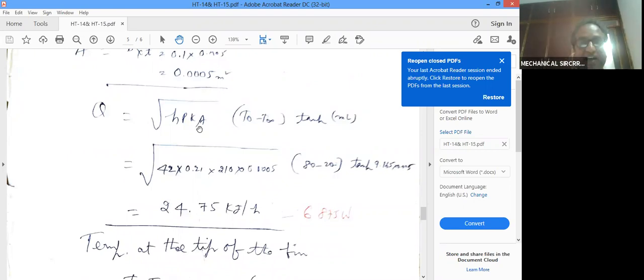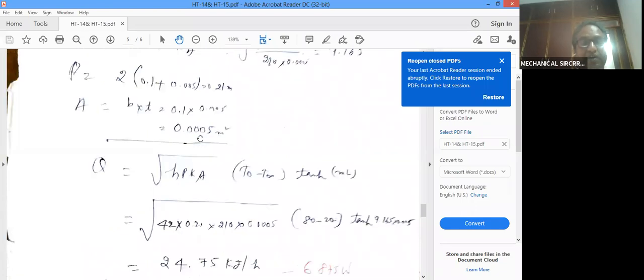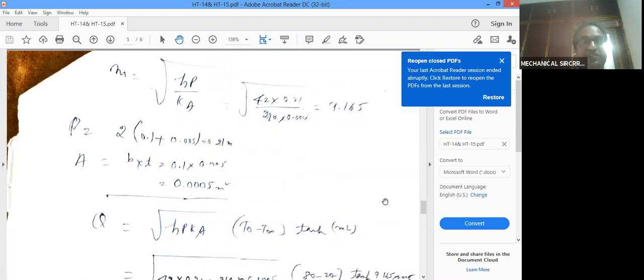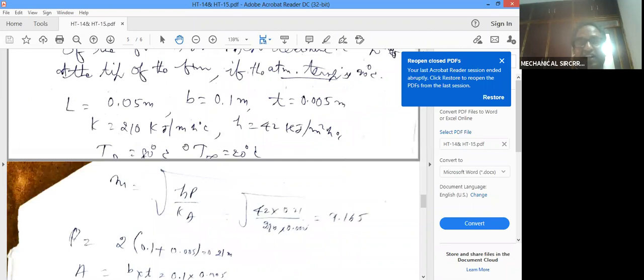So square root of hPkA: h value 42, P value 0.21, into k value 210, into area 0.305, within the square root, into 80 minus 20. T naught is 80, T free stream is 20. Tanh of M value 9.165 into L value. What is the length of the fin? That is 0.05.